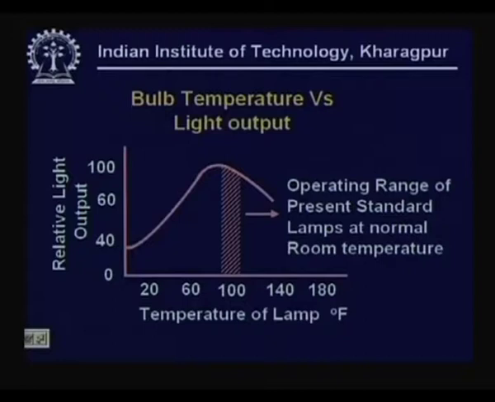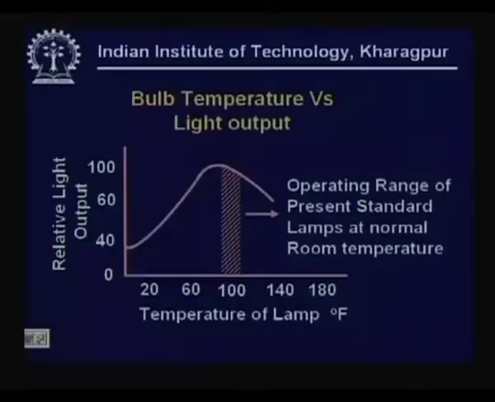Now, let us have a look at the light output versus the lamp temperature shown here. We find that this is in degree Fahrenheit. You recall there is a shaded zone which is marked as the operating range of standard lamps at normal room temperature. You can consider normal room temperature as a comfort temperature for human beings.